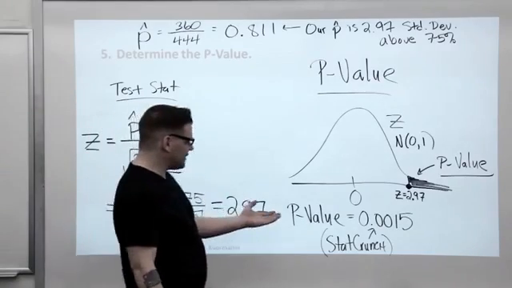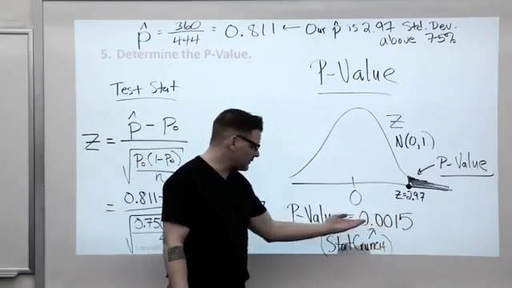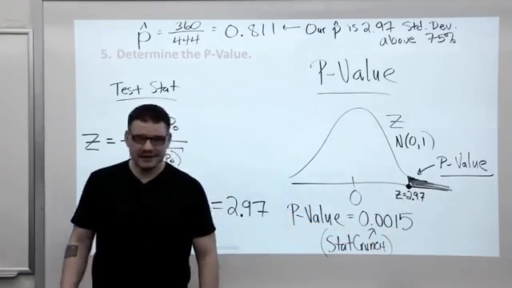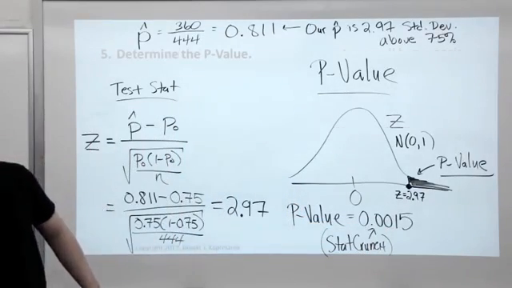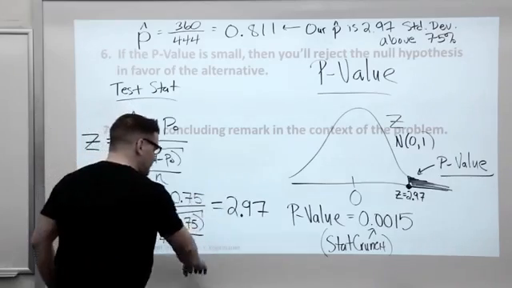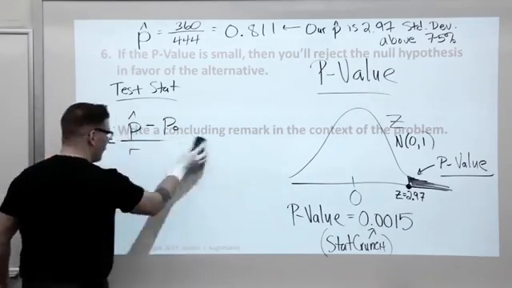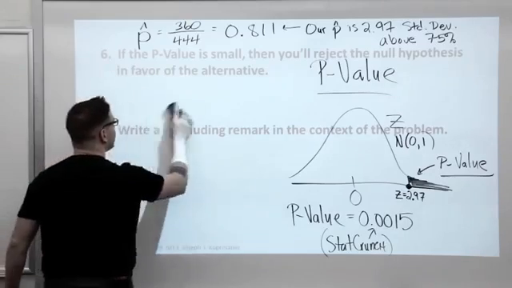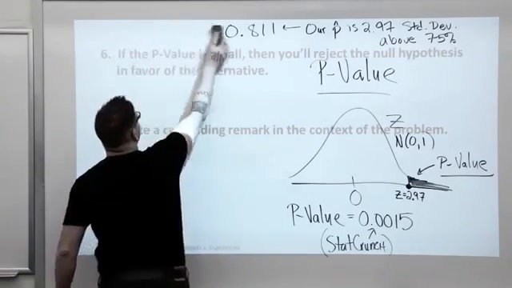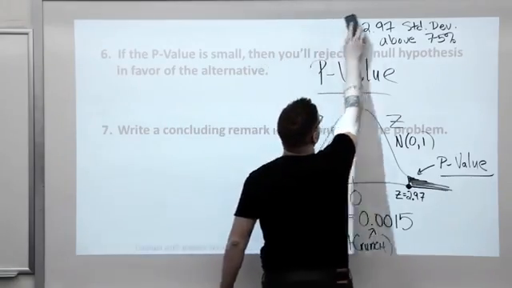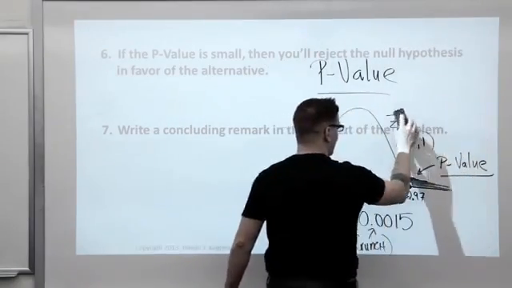So where does this fall on that p-value diagram? The answer is way to the left, right? We said anything below 0.01 is overwhelming evidence in favor of the alternative, and 0.0015 is definitely less than 0.01.